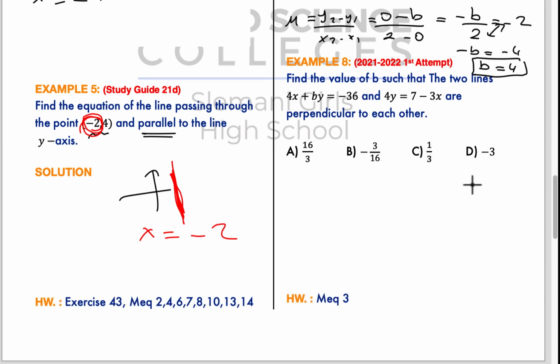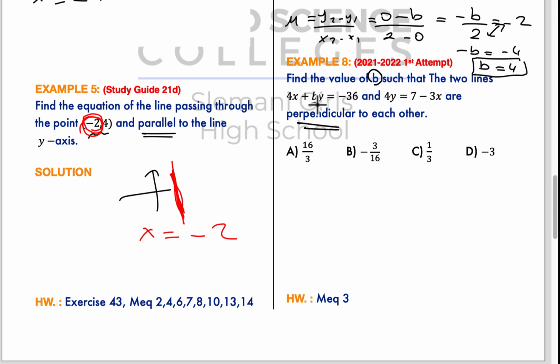Another question. This is a ministry question. Two lines are given, and the question tells us that the lines are perpendicular to each other. Their slopes are opposite reciprocals, in other words. And I have an unknown in one of the equations.